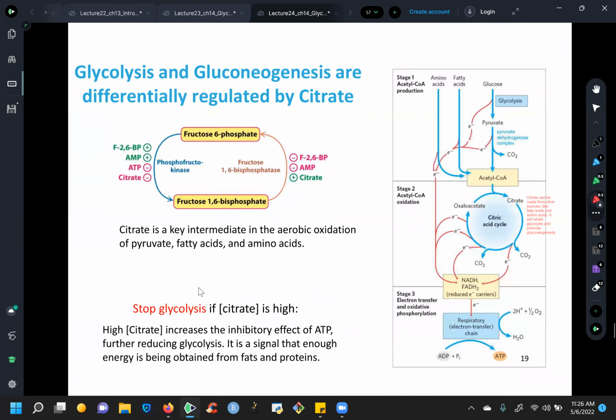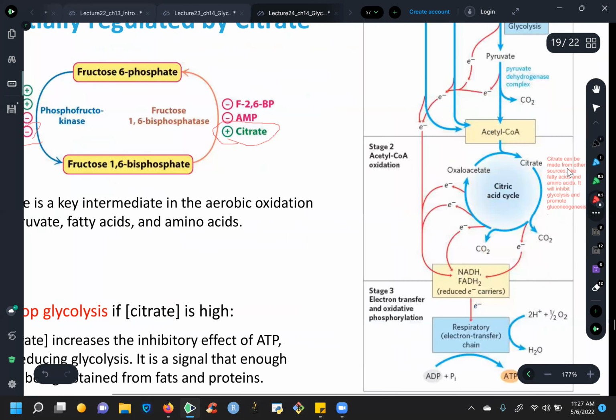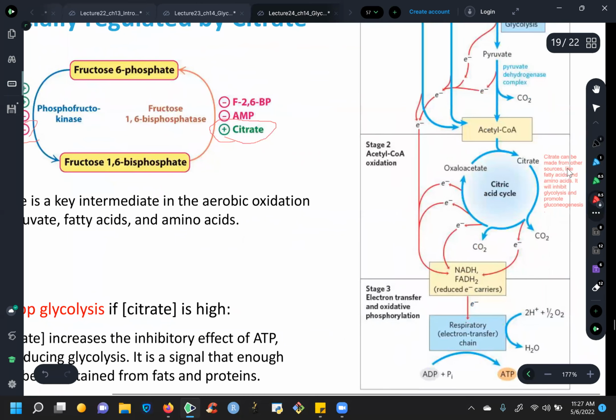Glycolysis and gluconeogenesis are differentially regulated by citrate. So here we go. Citrate inhibits glycolysis, but it promotes gluconeogenesis. Citrate can be made from other sources like fatty acids and amino acids. It will inhibit glycolysis and promote gluconeogenesis.